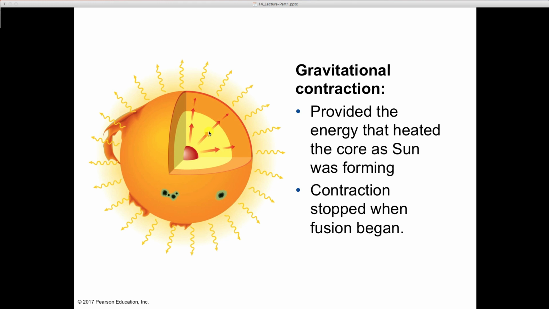Early on, the star was contracting, gravity was winning, making the star smaller and smaller. But eventually, when the nuclear fusion reactions went on, the contraction stopped, and the star established a particular size that it has maintained now for a very long time.